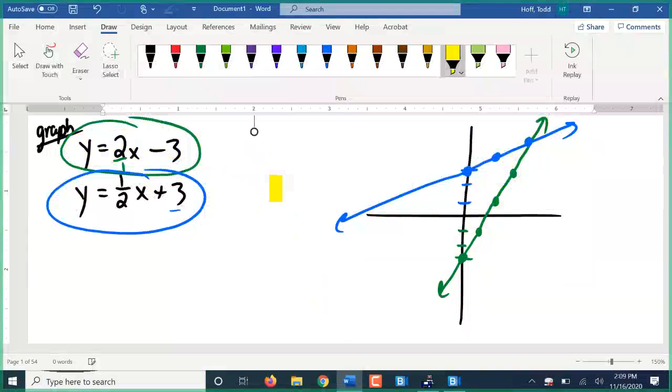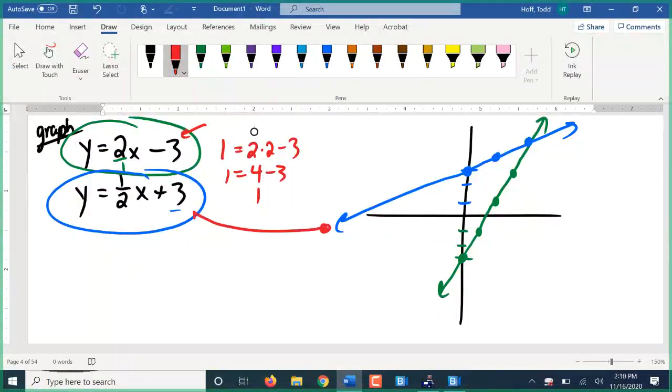If I put 2 and 1 in here for x and y, it makes that equation true. 4 minus 3 is 1. Any point on that green line, if I find its x and y coordinates and put it into that equation, it'll make that equation true. Any point on the blue line, if I put it into the second equation, it'll make that equation true. It is the set of all of the solutions to that equation.